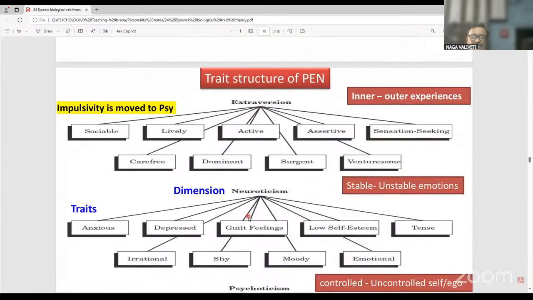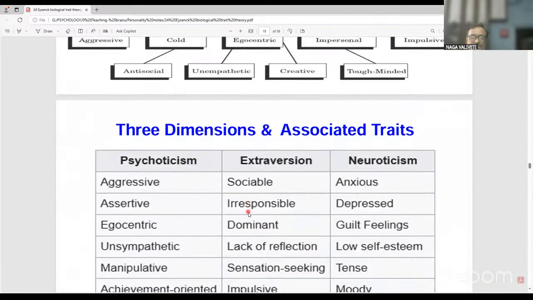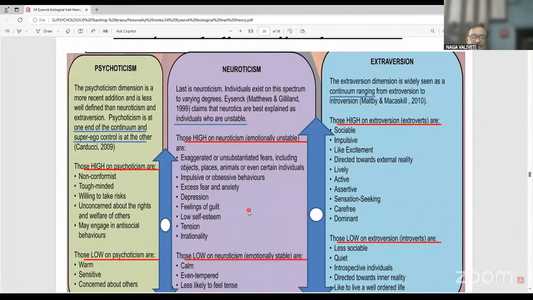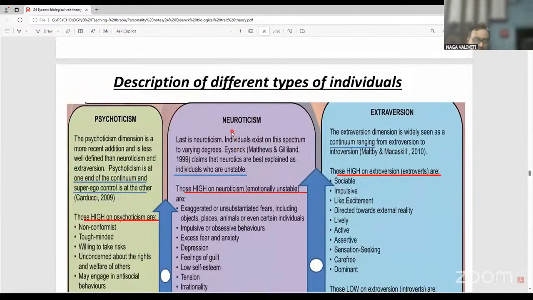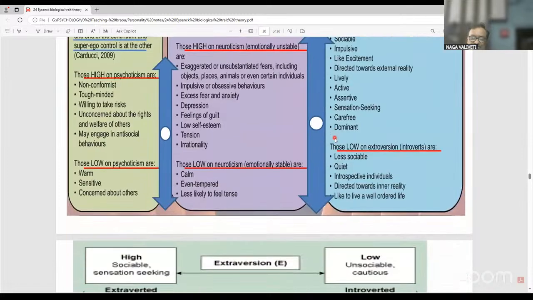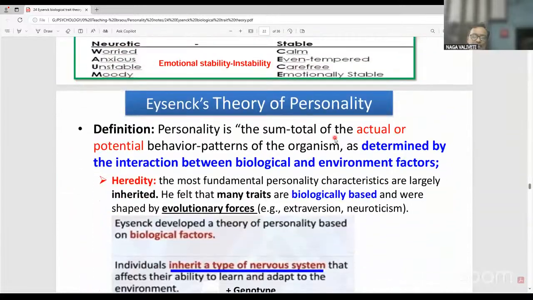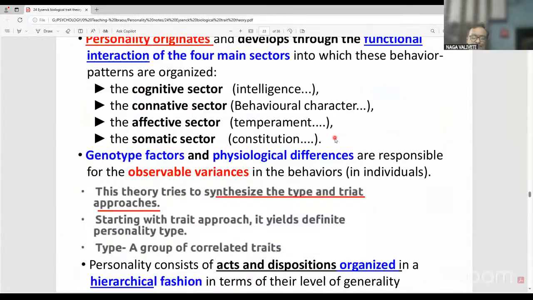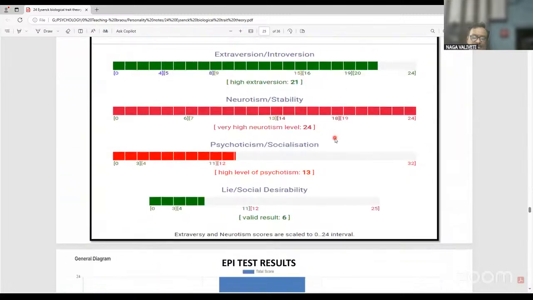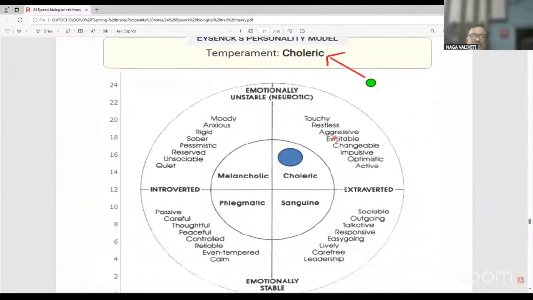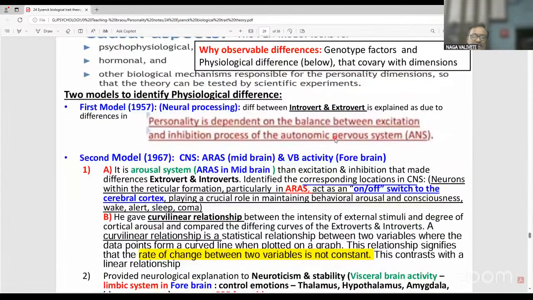So for this, it is a bipolar continuum. On this continuum, a high score will give neuroticism and a low score will give stability; a high score will give psychoticism and a low score will give ego control; a high score gives extraversion on this scale and a low score on this continuum gives introversion. This is simple. And he had given definitions for the developed scales, and he had given an explanation for the causal model.